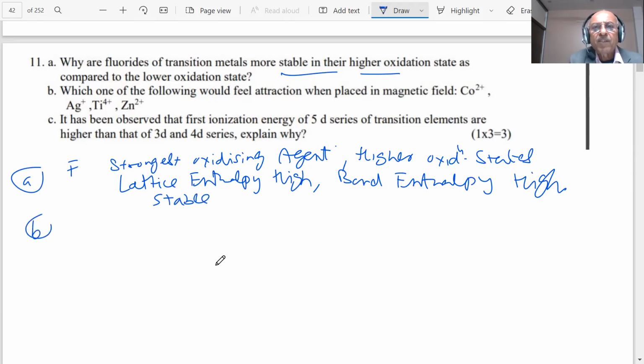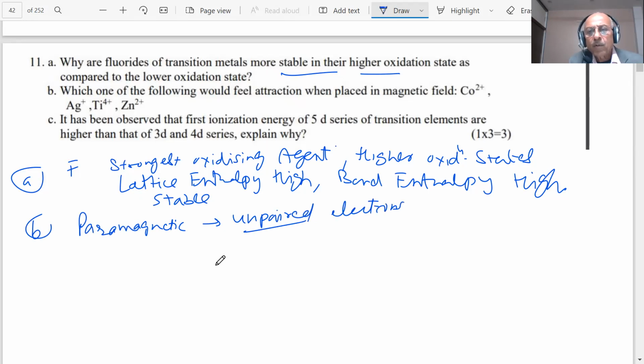Which one of the following will feel attraction when a magnetic field is applied? Attraction will be felt by paramagnetic substances, which have unpaired electrons. Now we have to find which have unpaired electrons. If I take titanium 4 plus, students, titanium 4 plus is nothing but the argon noble gas configuration.